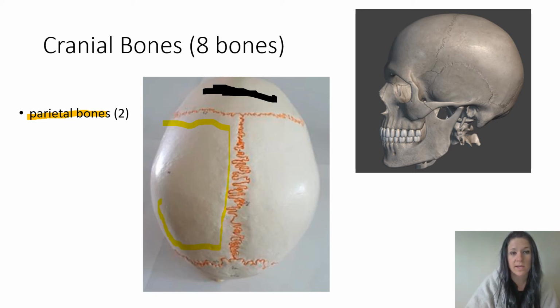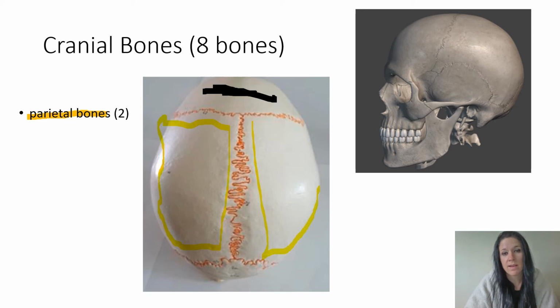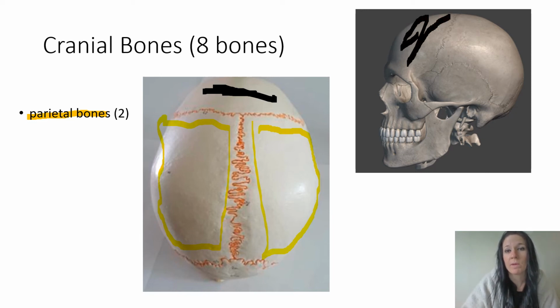Here's one, and here's one. If we're looking at a side view of the skull, here's that frontal bone, and now we're talking about the parietal bones. We can only see one since we're just looking at one side, but we can highlight this parietal bone here.